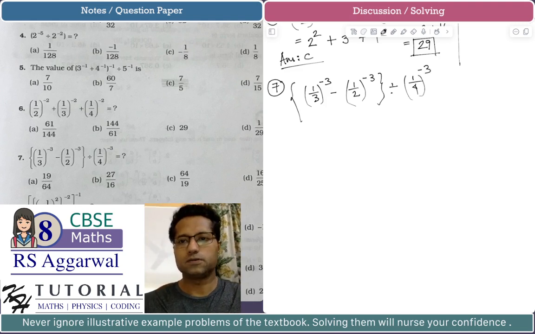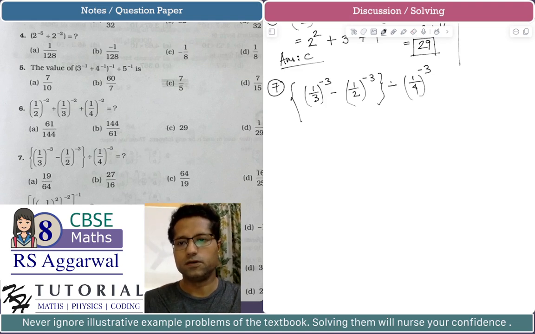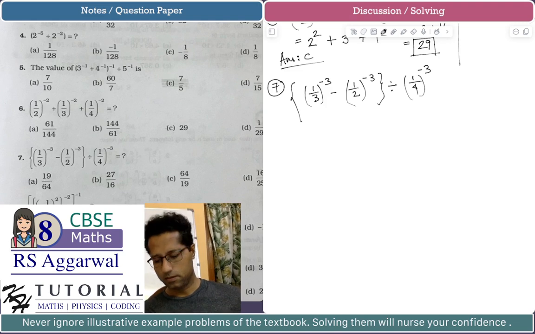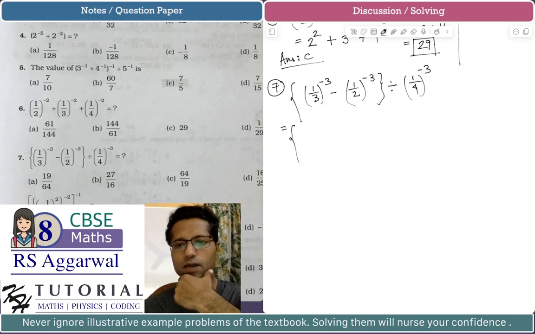In this kind of evaluation, we first simplify inside the bracket, so we individually evaluate the exponents in the difference.